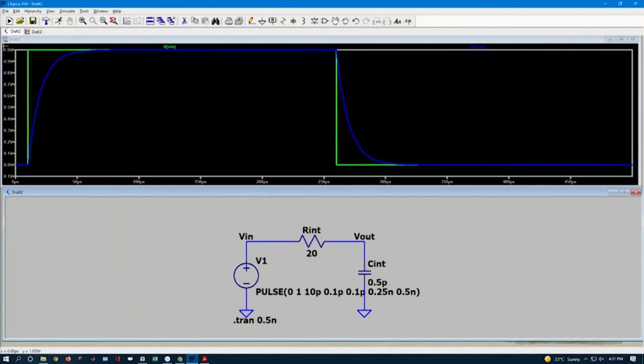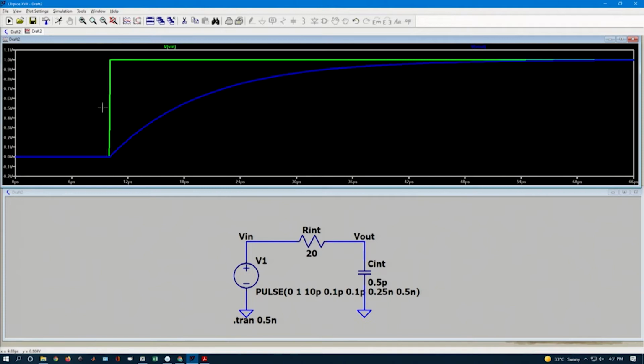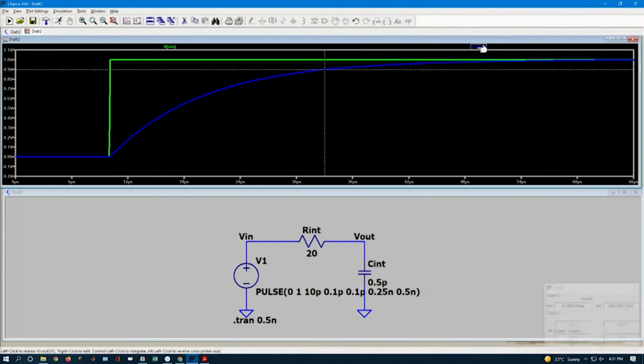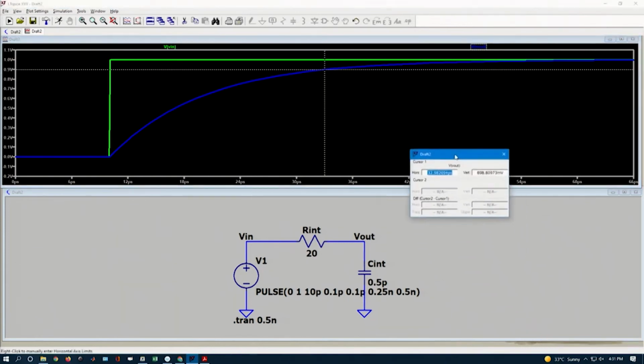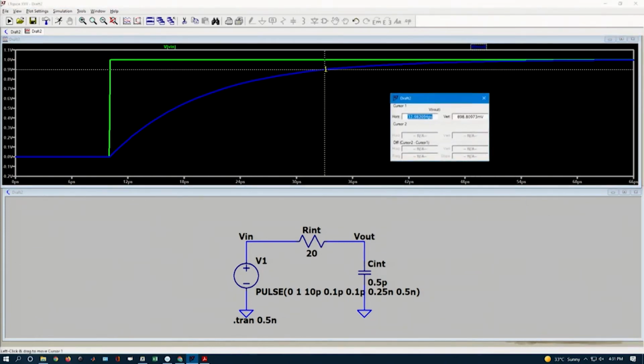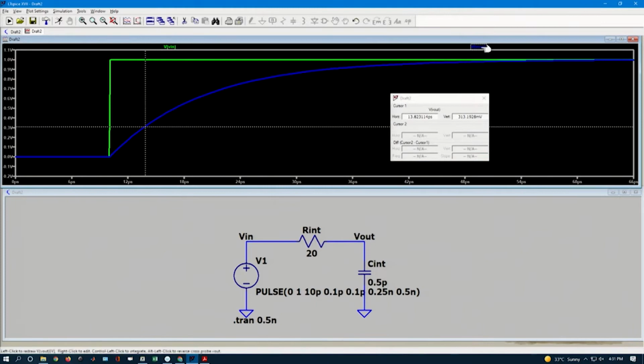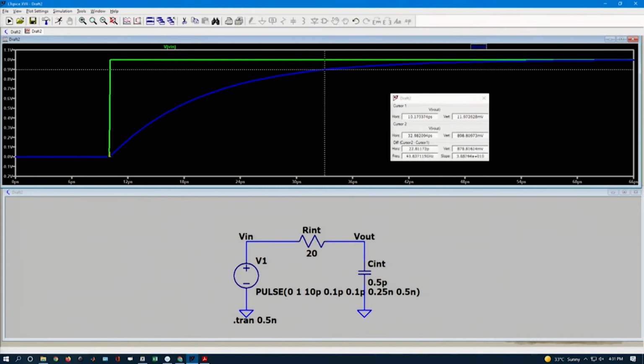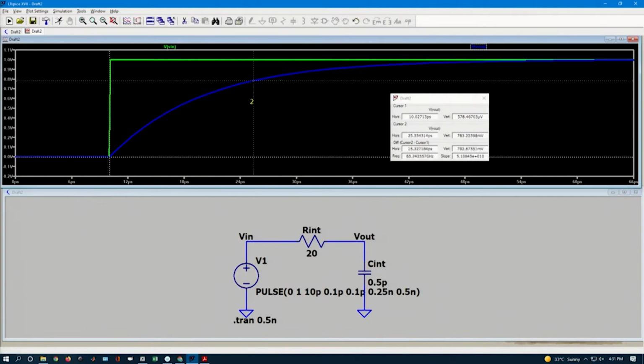If I now zoom in, I want delay, right. I can see that this is my input and this is my output, and on the output, if I click for a cursor, I can drag it, I can create two cursors, so that this comes to the starting point, and then this one is the delay. The difference would be your delay.